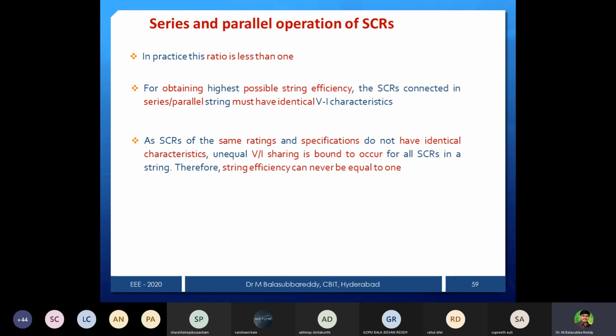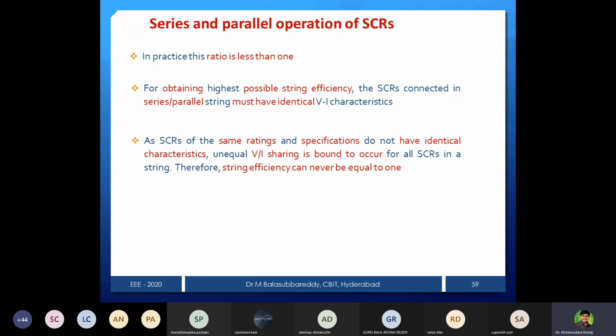Even if rating and specifications are the same, they may not have identical characteristics, leading to unequal voltage or current sharing. In a string we generally expect equal voltage and current sharing, but due to the characteristics of SCRs, they are unable to share equally. There will be a slight difference, but we need to overcome it.